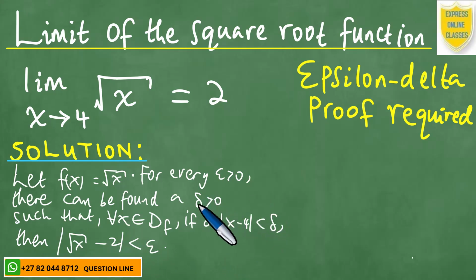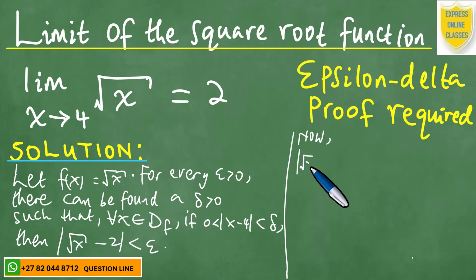At this point, we take a look at this and proceed to focus on this part: the absolute value of the square root of x minus 2.